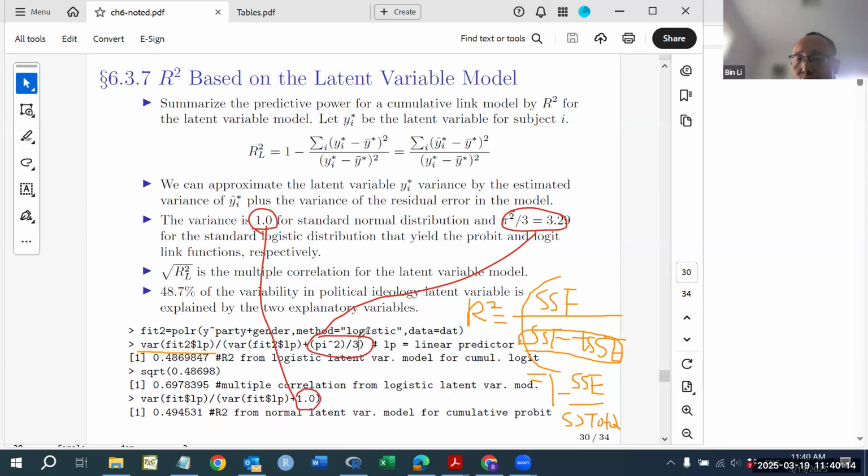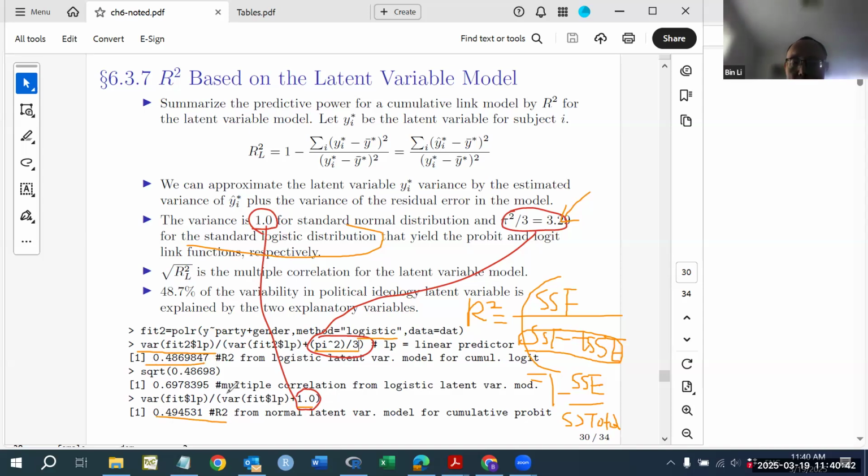Remember, if it's logistic, then the error follows a standard logistic distribution, so the variance is 3.29. That's why I put it here. For the probit model, the error follows a standard normal, so the variance is 1. Okay, so that's how we find the R square.